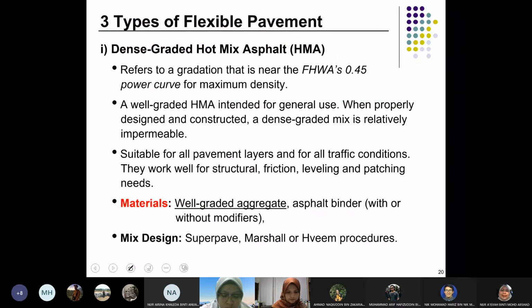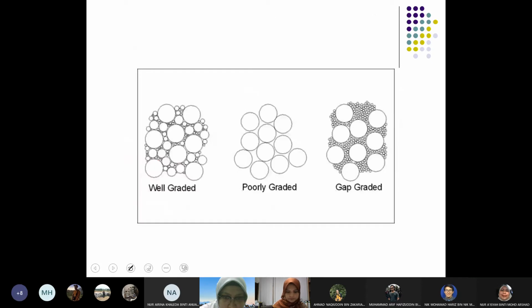Okay, jenis flexible pavement yang ada, kita ada dense graded mix asphalt. Dia ada 3 jenis asphalt di sini ya. Dan dia berbeza antara satu sama lain dari segi apa? Dari segi susunan batu dia ni. Tengok, well graded, gap graded, poor.